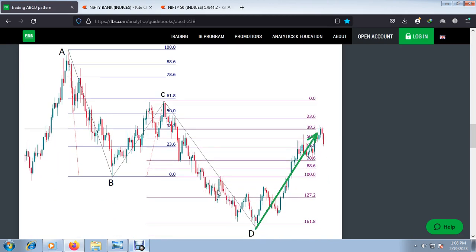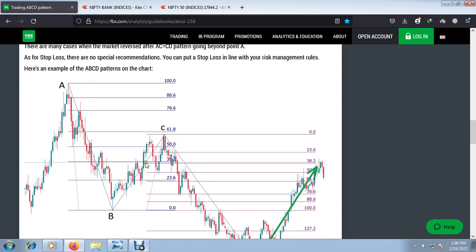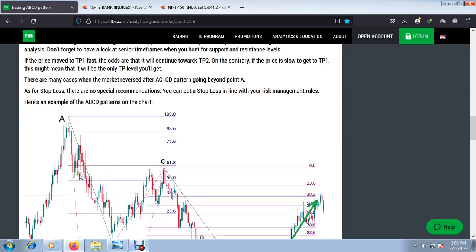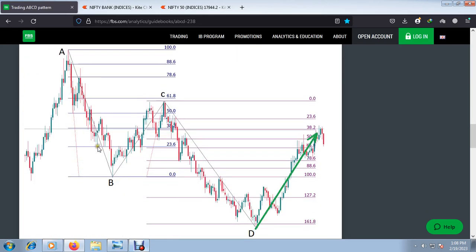So initially we should take 61.8 only, and we can take many other targets: the C point, the A point, and this length from here to here, projected from here.